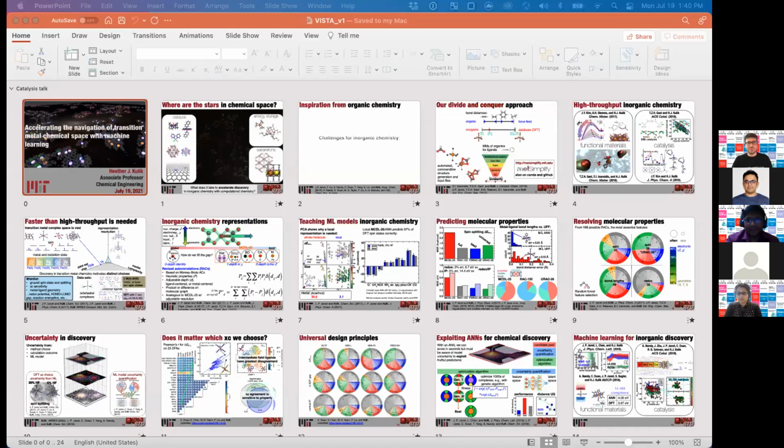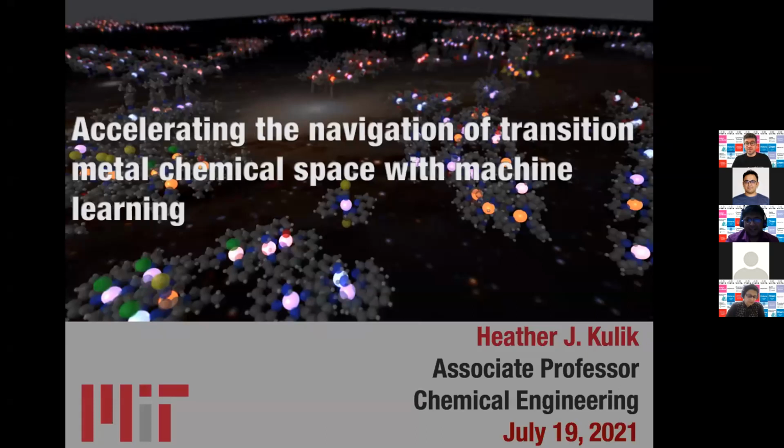Professor Kulik received her BE in chemical engineering from Cooper Union in 2004, and her PhD in materials science and engineering from MIT in 2009. She performed her postdoctoral research at Lawrence Livermore in 2010 and at Stanford from 2010 to 2013. She came back to MIT to join as a faculty member in 2013 and received tenure in 2021.